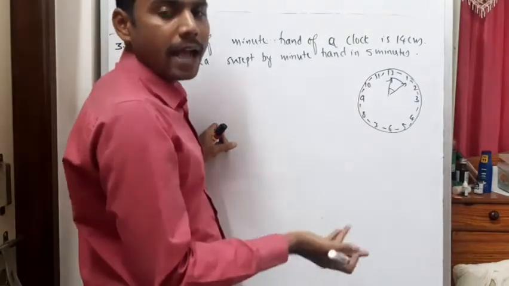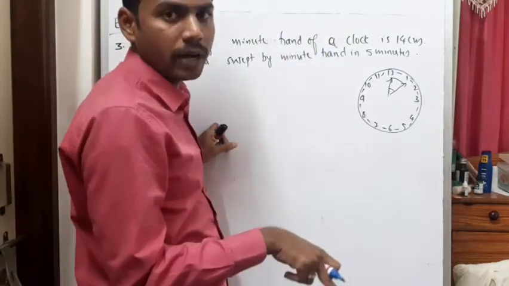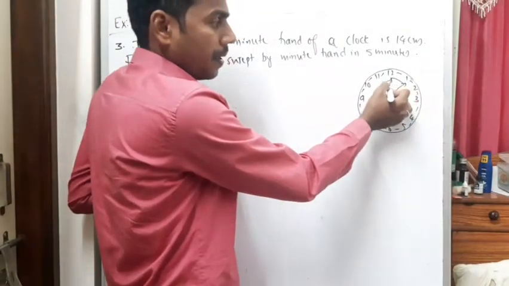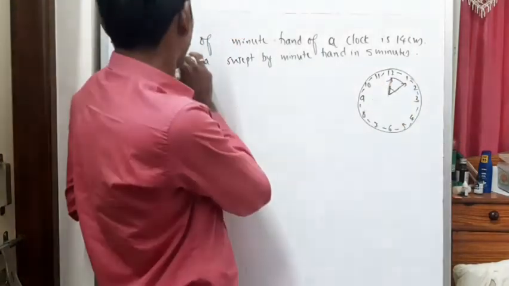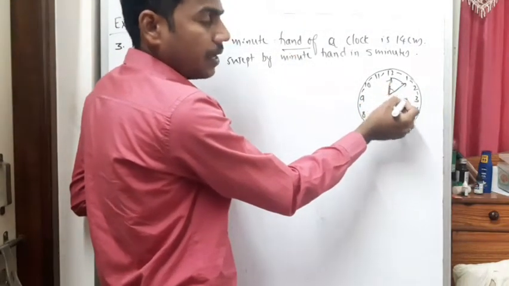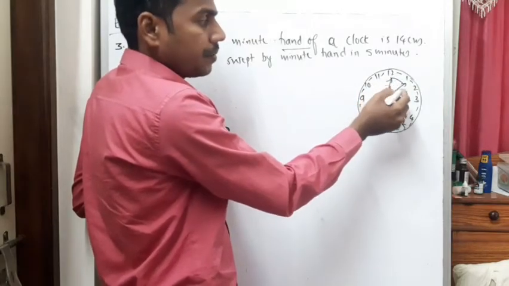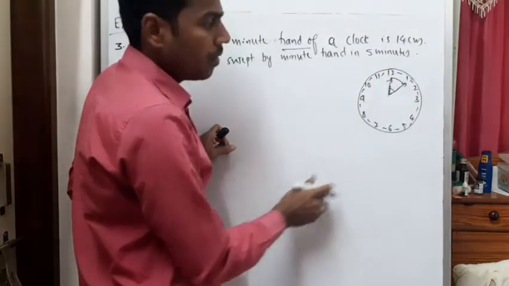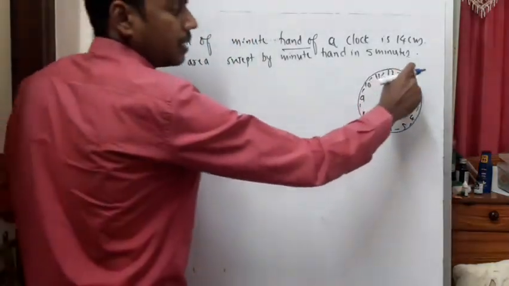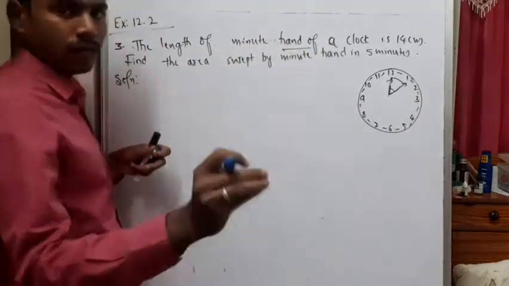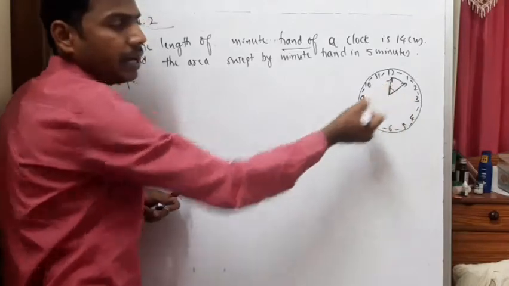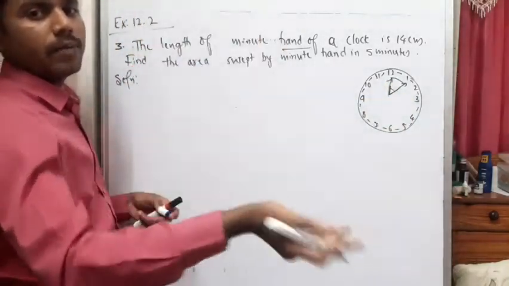Then what is the angle of one segment? 360 divided by 12 will give us the angle between these two hands, because the 360 degree is divided into 12 equal segments. So if I want the angle of one segment, you need to divide it by 12.